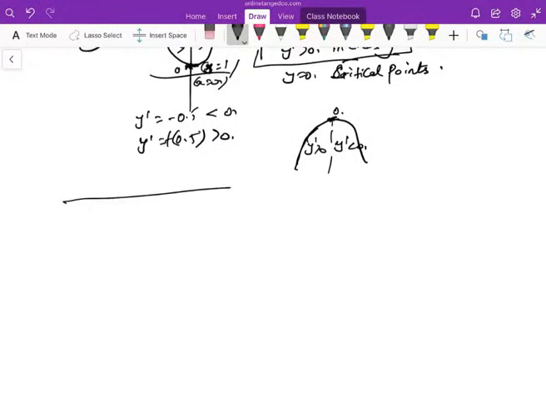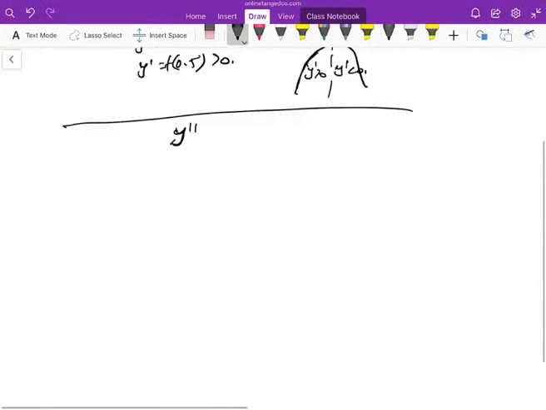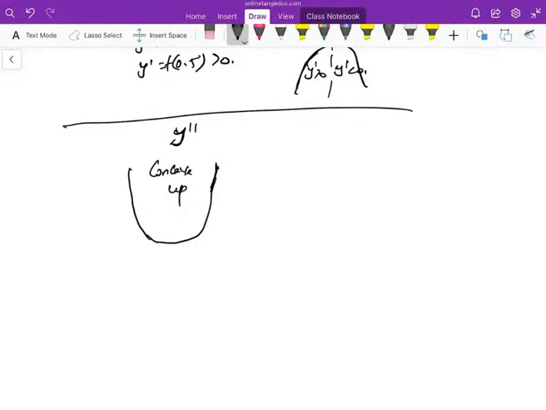Now let me go to the second derivative. What information can we obtain from it? As I explained yesterday, this kind of response is called concave up, and this kind of response is called concave down.